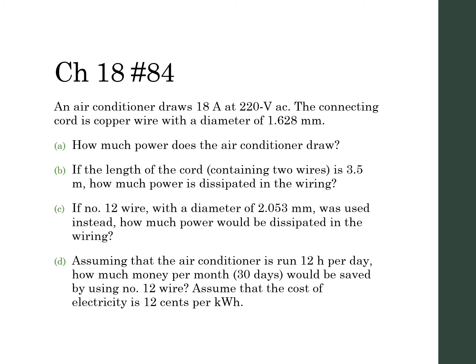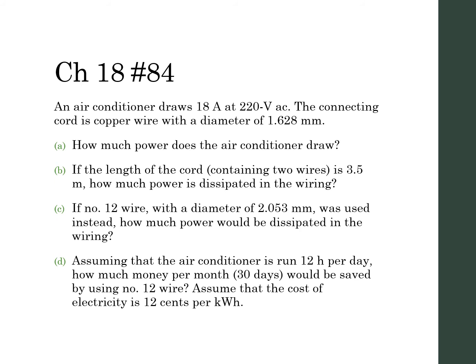It contains a lot of things that we've already looked at. So before I have you guys look at some information, there's just a couple of things I want to talk about. First off, we have a copper wire, and then in C we have a number 12 wire.